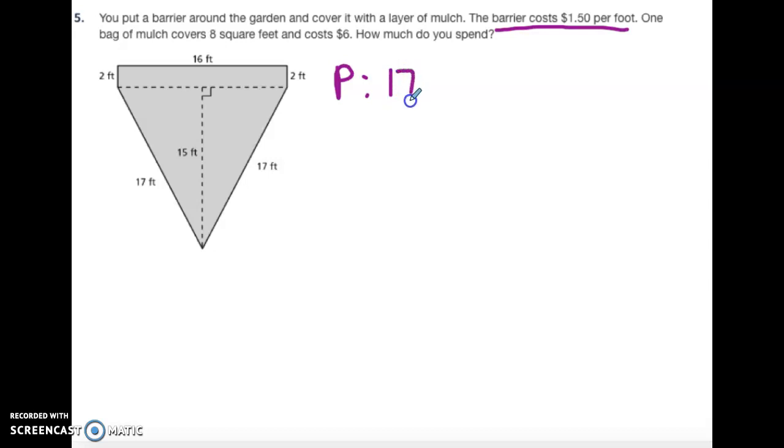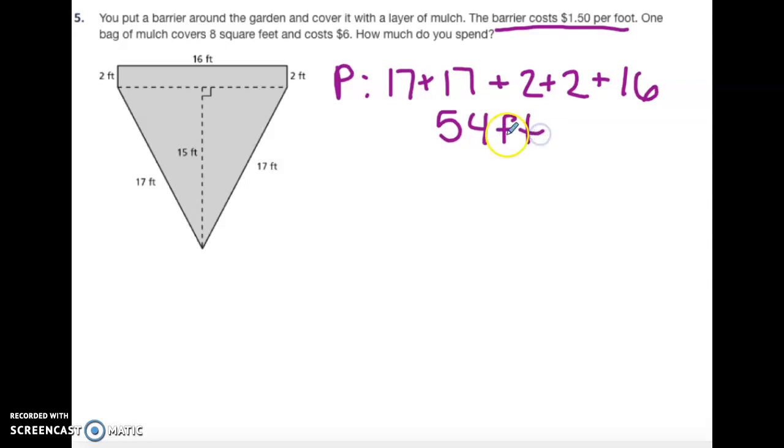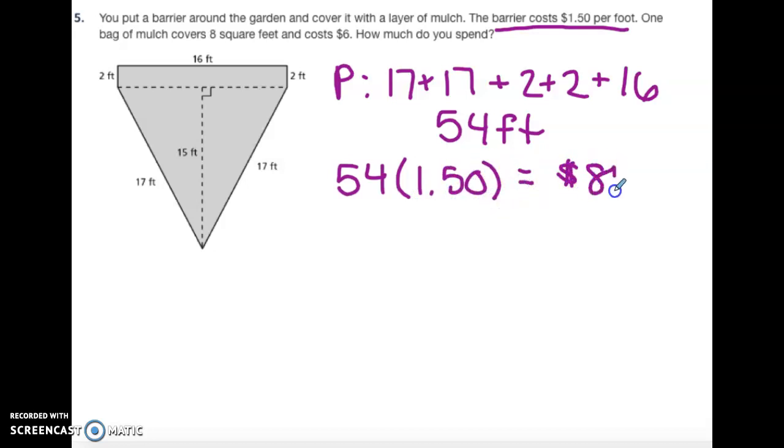So let's see, we have 17 plus 17 plus 2 plus 2 plus 16, which is 54 feet. Okay. And it costs $1.50 per foot, so 54 times $1.50 is $81. So it's $81 to put the barrier around the garden.